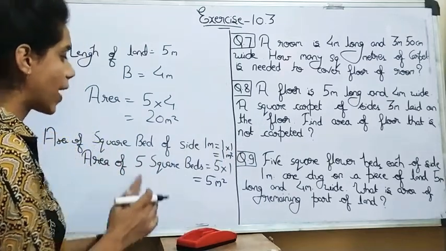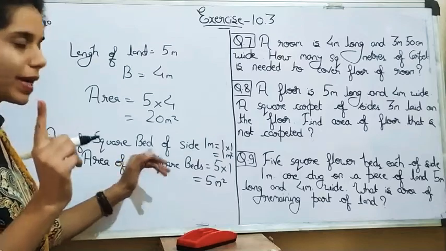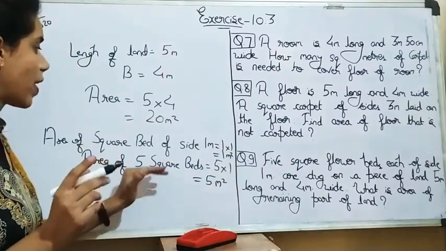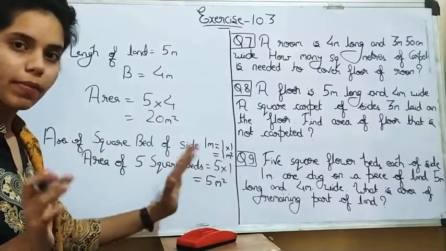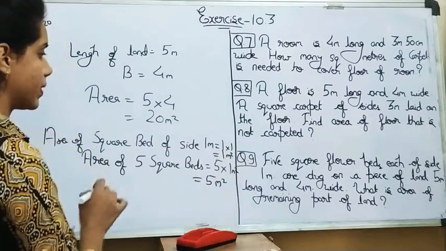There are 5 square beds, so the area of 5 square beds will be 5 multiplied by 1. So its answer will be 5 meters square.